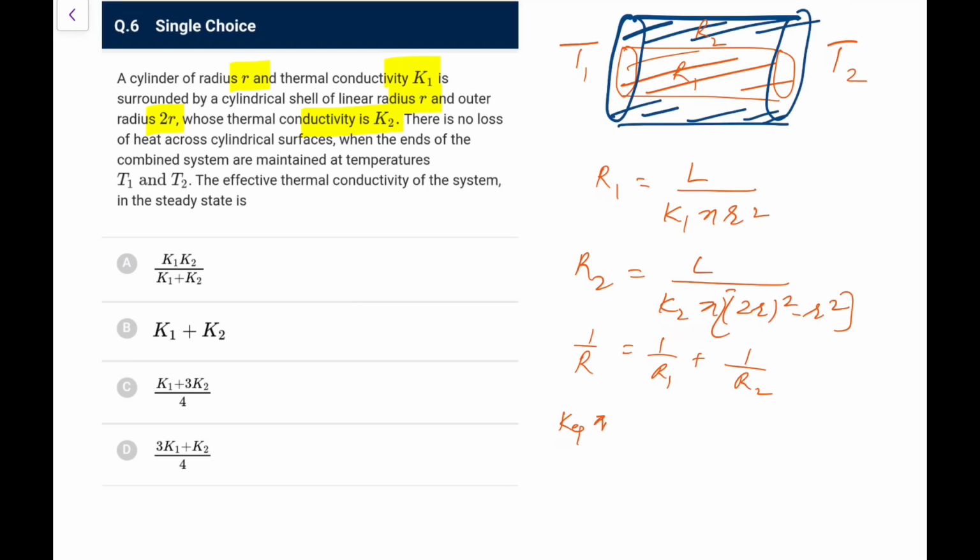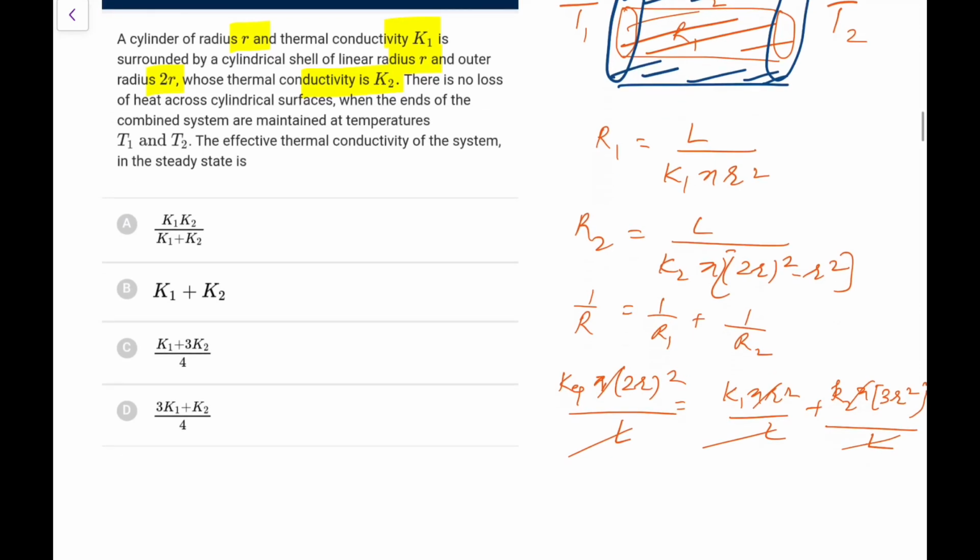Area would be for the complete, that is pi 2r whole square upon L, that would be equal to K1 pi r square by L plus K2 pi into 3r square by L. So this goes, r square goes. So 4 times K equivalent is K1 plus 3K2. So K equivalent is K1 plus 3K2 by 4. So I'll go for option C here.